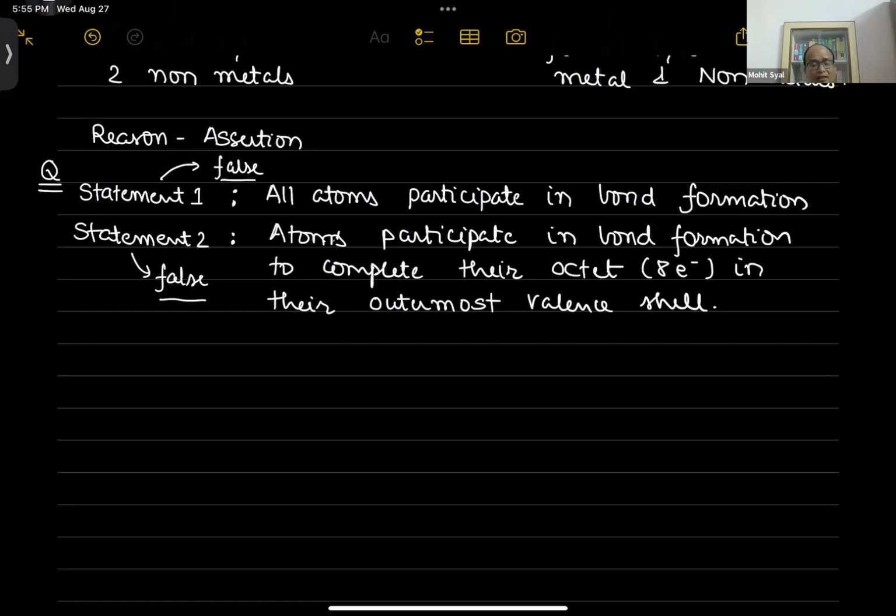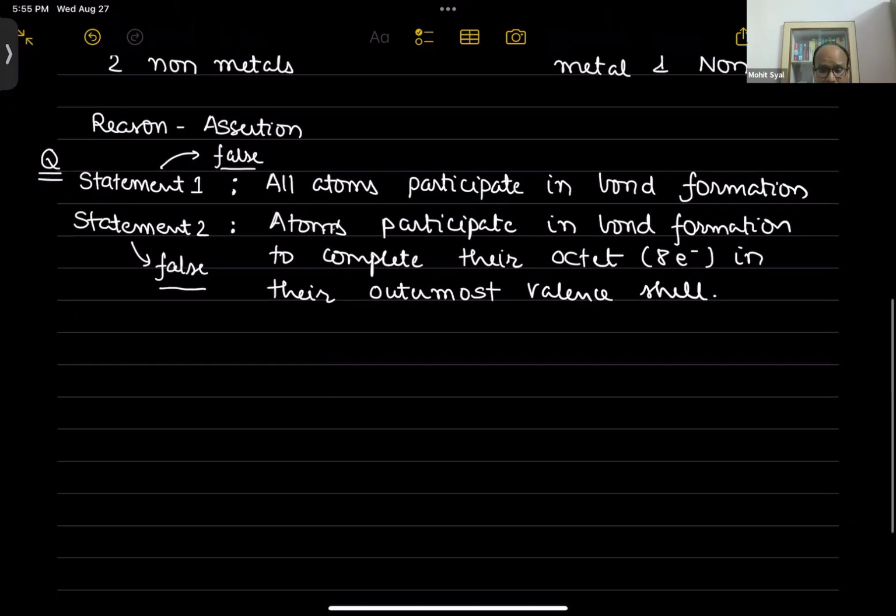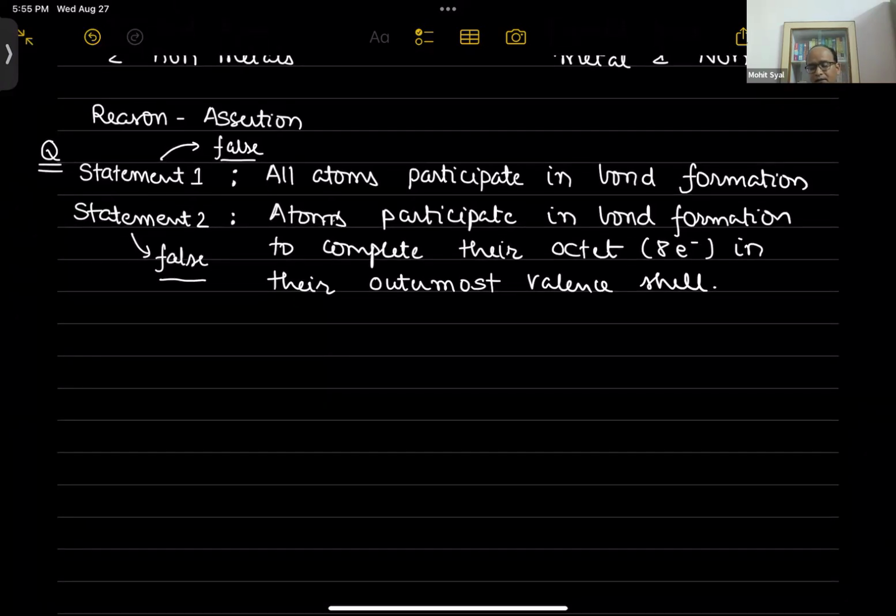There can be molecules which do not follow this, where after bond formation they do not have 8 electrons. Either they have less than 8 or more than 8. And what are those molecules? These are hypovalent and hypervalent.